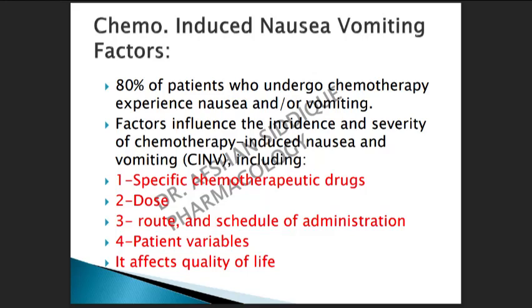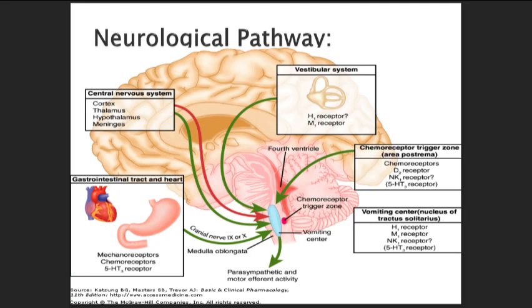I have shown in the picture a layout describing the location of the chemoreceptor trigger zone as well as the vomiting center and the afferent pathways which stimulate both these areas, which are basically involved in the induction of vomiting. These comprise the central nervous system, gastrointestinal system, and vestibular system.